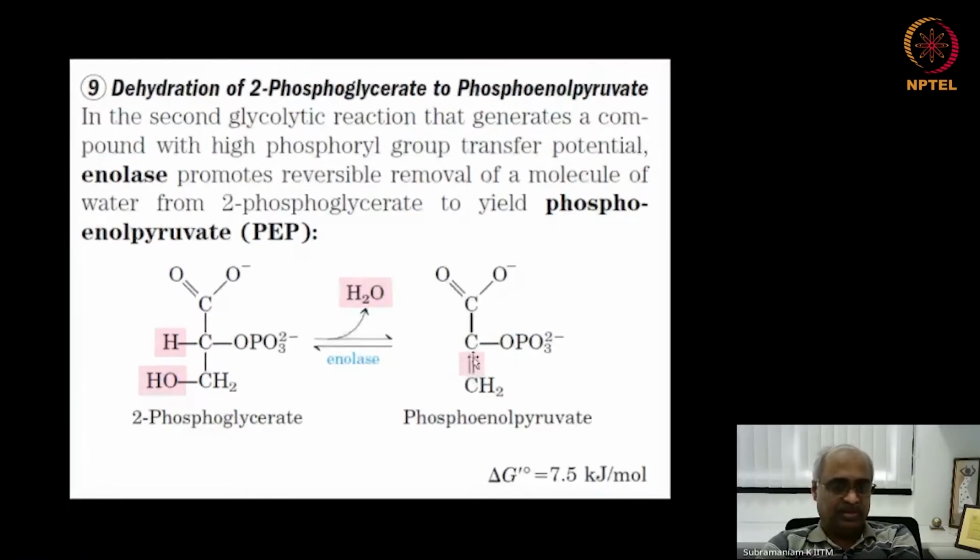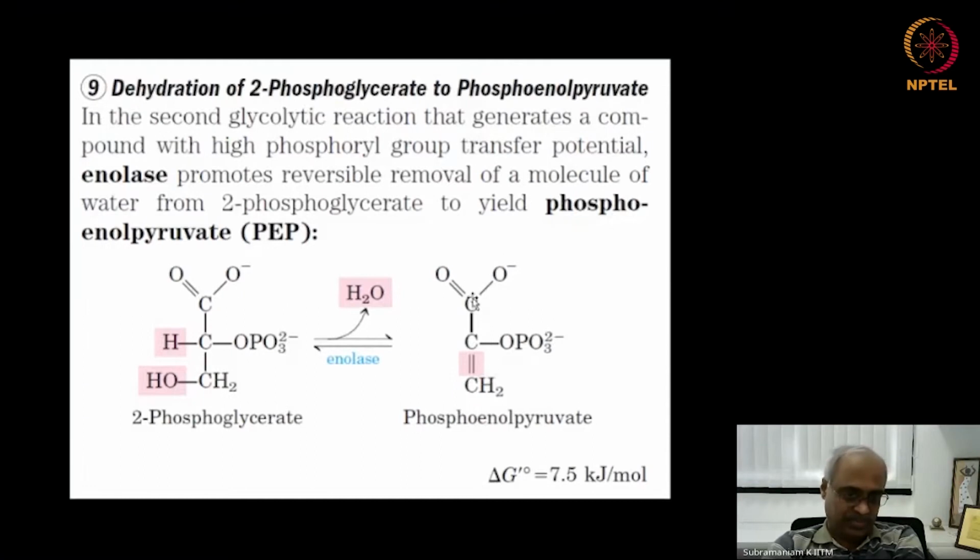Therefore, this double bond and the OH together we call enol, and it can undergo keto-enol tautomerization. So that is a sort of resonance stabilization. Therefore, the hydrolyzed structure, which will be pyruvate, is more stable.